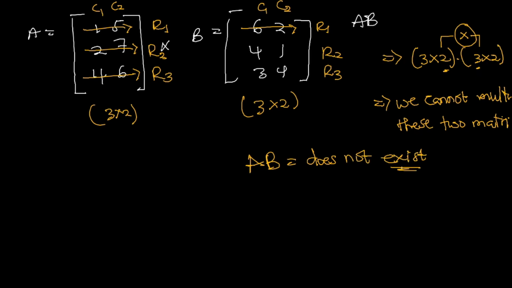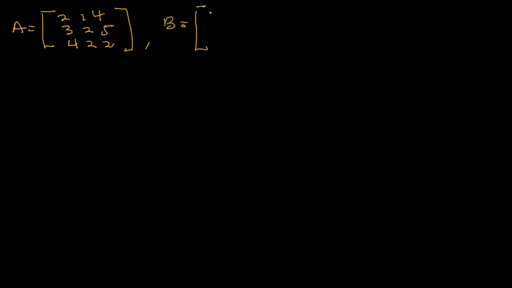So let's have a look at another example, and then we end this tutorial. We have matrix A, which is equal to 2 1 4, then 3 2 5, then 4 2 2. Then we have matrix B, which is equal to 2 2 2, 0 1 4, then 3 0 2.